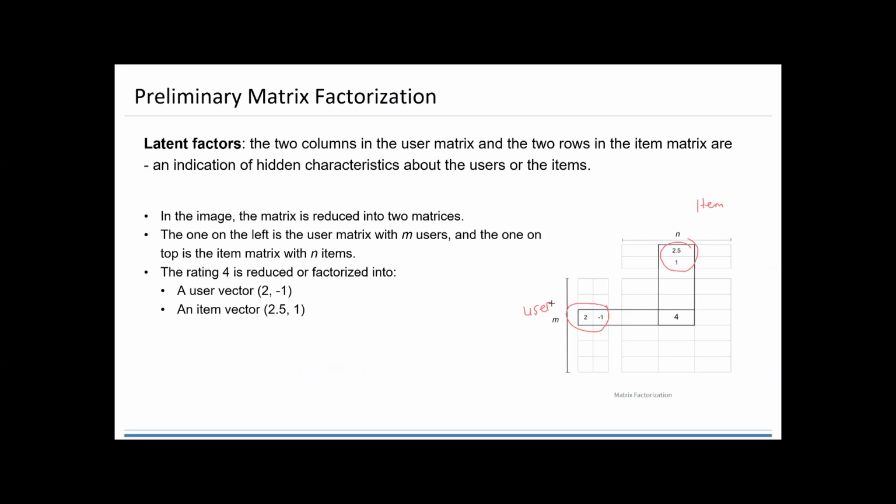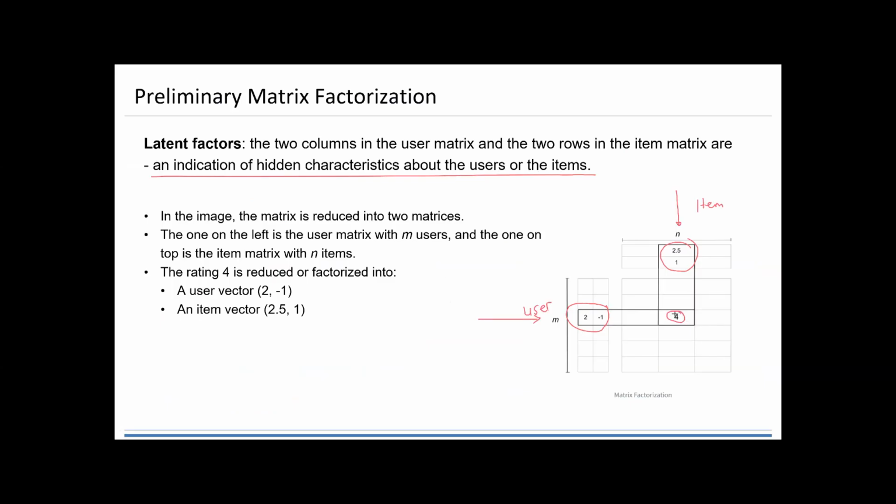It gives an indication of hidden characteristics about the user or the items. Let's say this user, for this particular item, gave the rating 4.